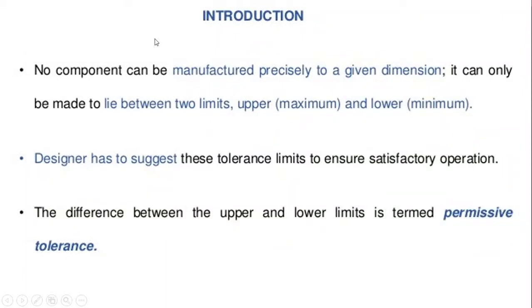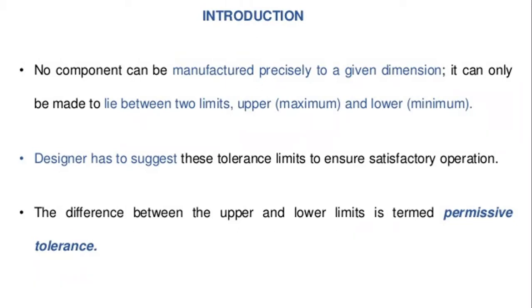No component can be manufactured precisely to a given diameter or dimensions. It can only be made to lie between two limits, that means upper limit and lower limit. The designer has to suggest this tolerance limit to ensure satisfactory operation.